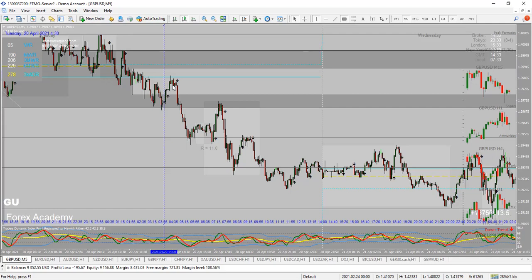Here's the 4-hour candle. Now we have this order block.